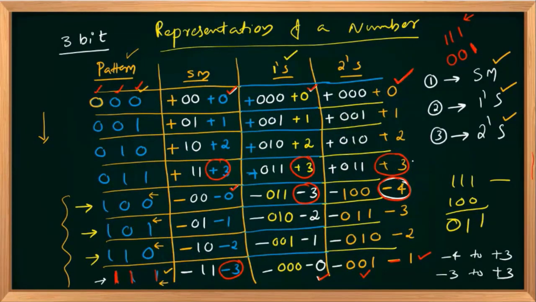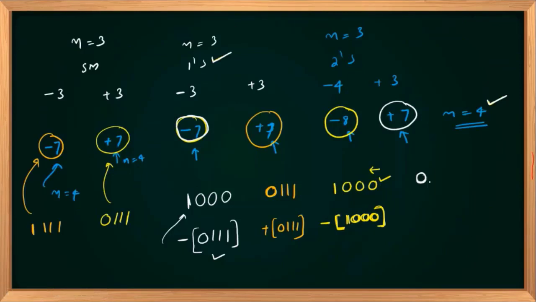This is my positive 7, and this is my pattern. Is it 0001 or 0111? So this is nothing but 0111, because the number is positive, so I should not take the complement. So it's 0111 itself. So this is positive 7.